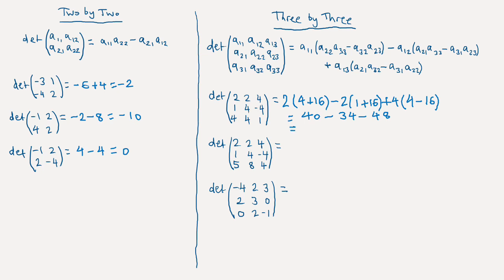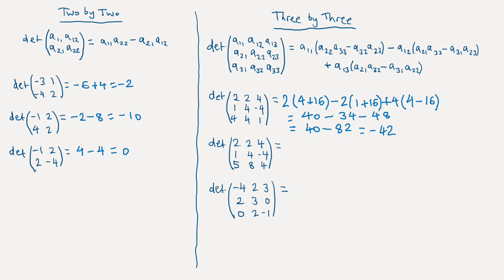Testing my mental arithmetic powers here. Let's combine the 34 and the 48 first, because they're both negative, and we'll just leave the 40 alone for now. I'll do this in 2 steps. So 34 and 48 would be 82, and then 40 minus 82 is minus 42.